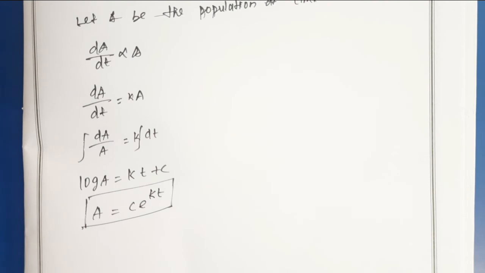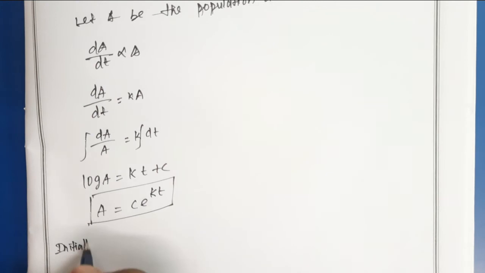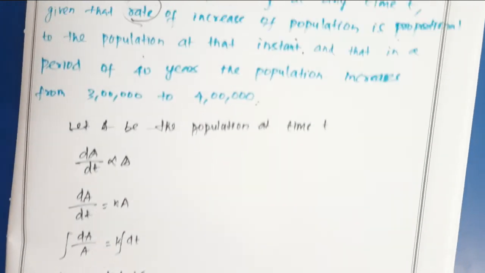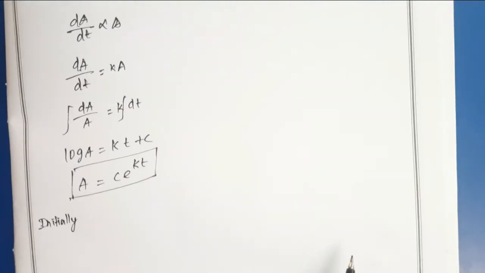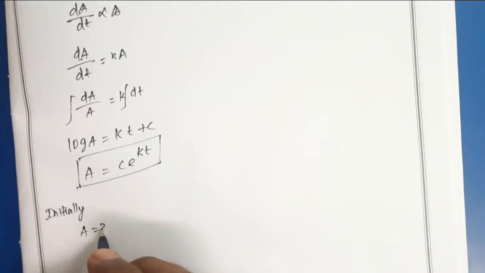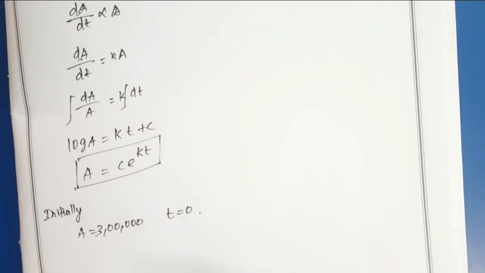First information: initially the population is 3 lakhs. So A is equal to 3 lakhs at initial time t equal to 0.